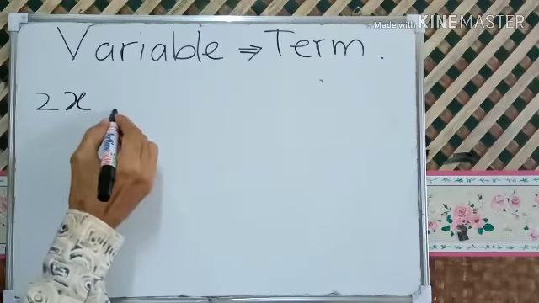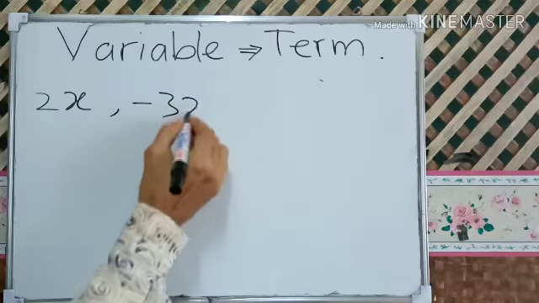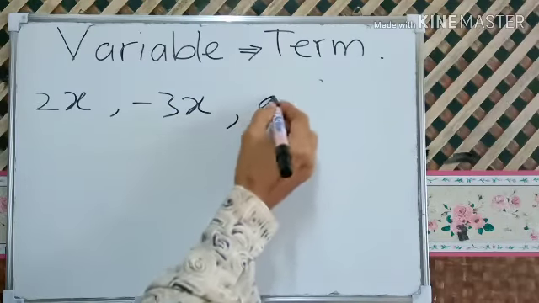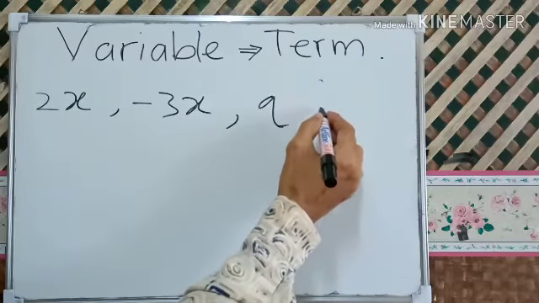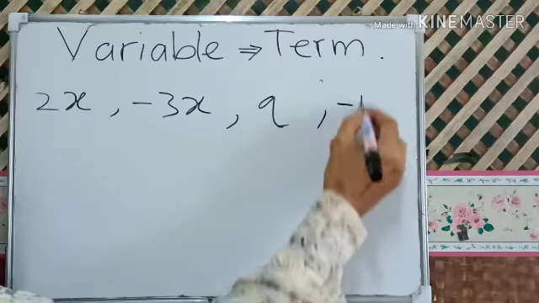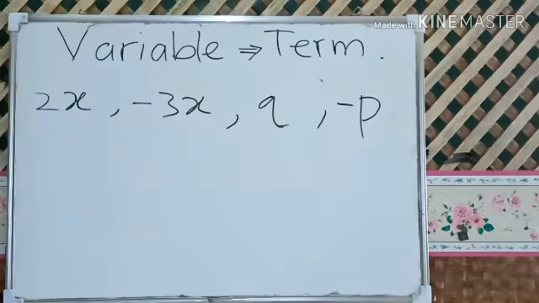2x, -3x, q, and -p are all called terms.